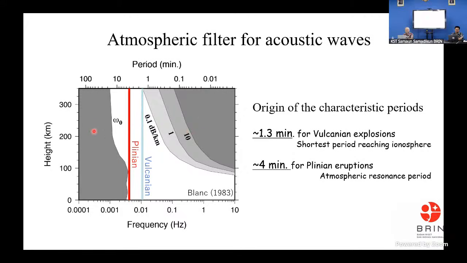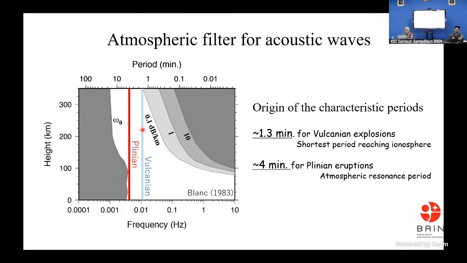Also, a very long period wave cannot go to the ionosphere either because it is destroyed by gravity, and then becomes an internal gravity wave instead of an acoustic wave. So only a certain period of acoustic wave can reach the 300 kilometers without attenuation.